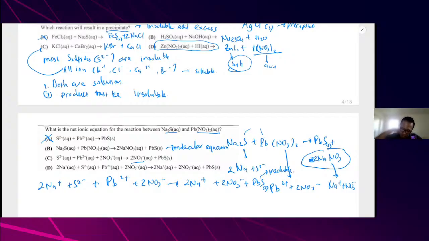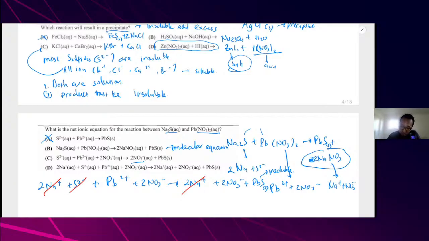Based on this information, we can cancel out one by one. Cancel all ions that appear the same in both reactant and product, on both sides. Na plus with Na plus. S2 minus?